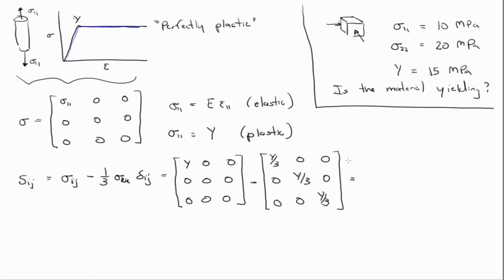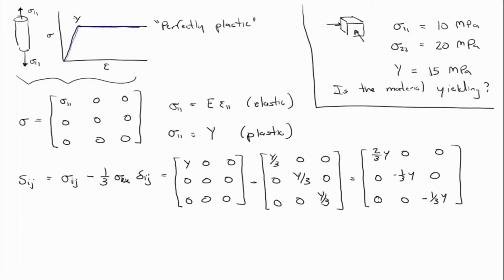And so that's equal to 2/3 y, 0, 0, 0, minus 1/3 y, 0, 0, 0, minus 1/3 y. All right, so that's the deviatoric stress right at the instant of yielding.